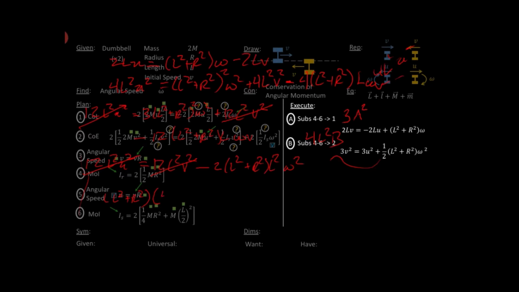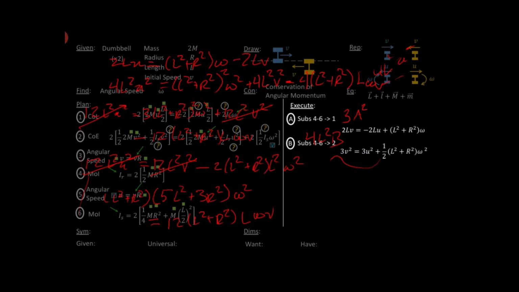So that's 5 L squared plus 3R squared omega squared is equal to this guy, 12 times L squared plus R squared times L times omega V.